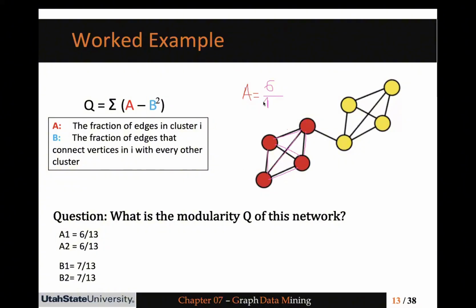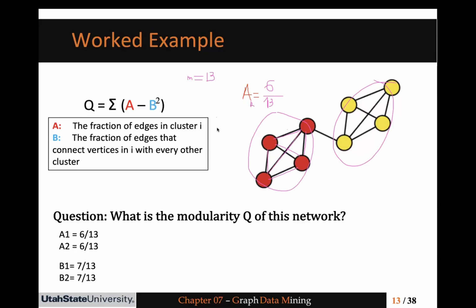And if you do the count, it should be equal to 13. So 6 from the red community, another 6 from the yellow community, and the one which links both of them. So M in this case is equal to 13. I should have mentioned that at the very beginning. Okay, so this is, let's call it A red, A sub R.